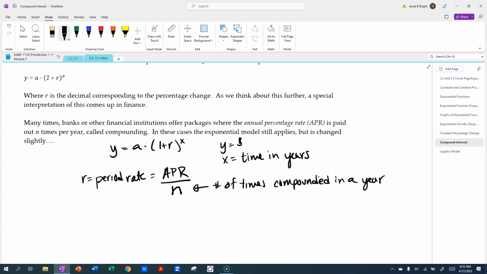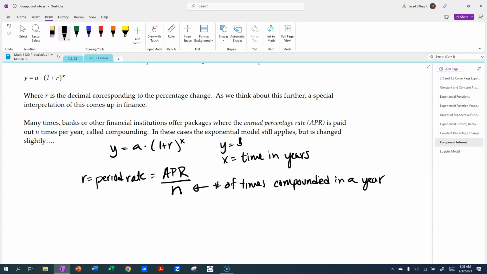And semi-annually, twice annually, would be 2 times. So the number of times that it's compounded in a year depends on the financial institution and the account that you set up. So that N is variable, but R is viewed a little bit differently in the context of finances.